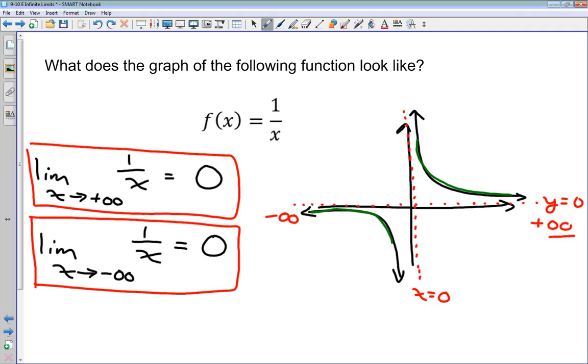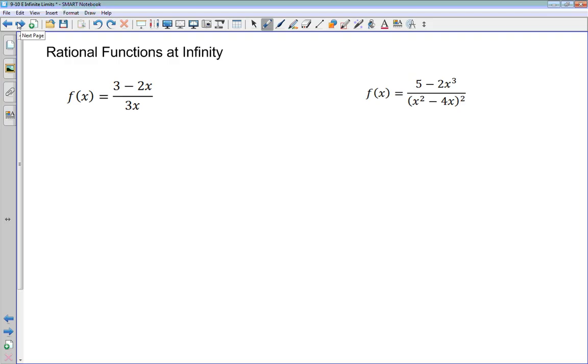And if you make x as big as it can possibly be, you're going to be dividing a small number by something so big that you get something really, really close to 0. Okay? So we're going to use this fact to be able to figure out the limits of rational functions at infinity, or the equations of horizontal asymptotes.